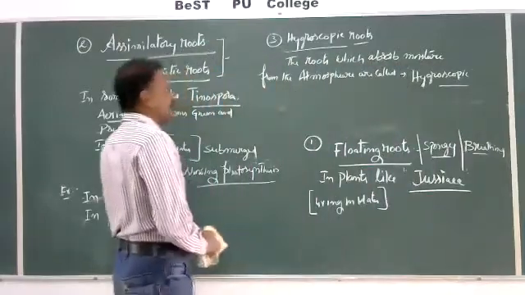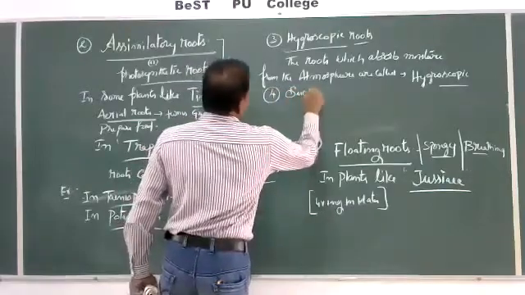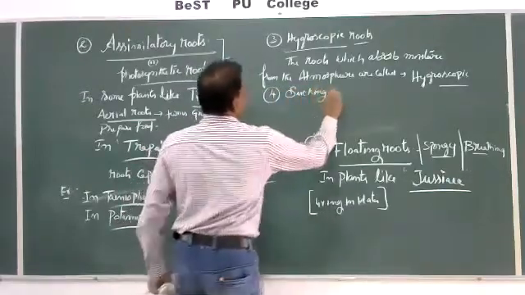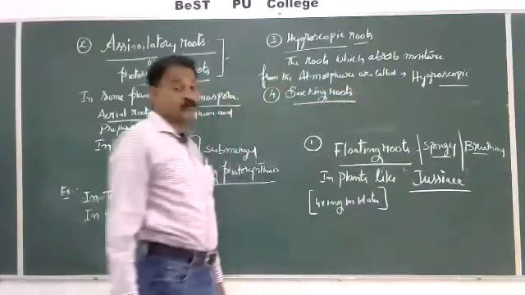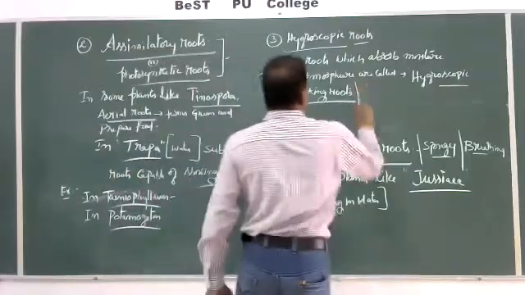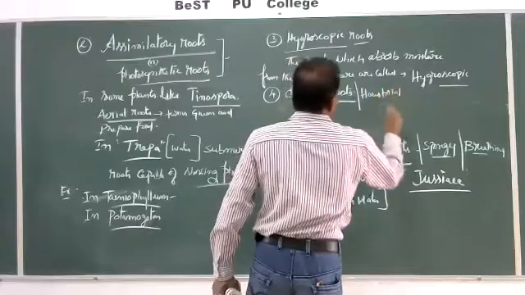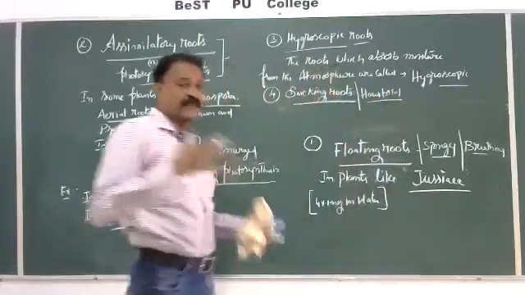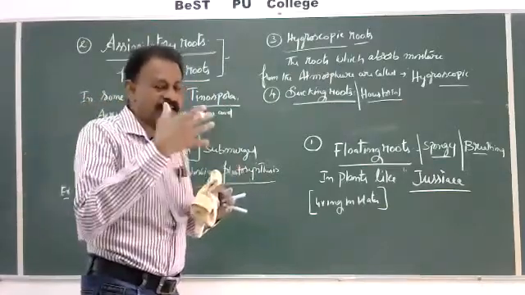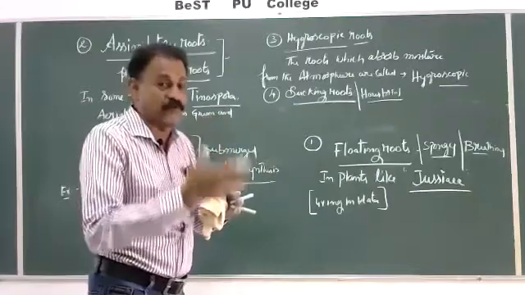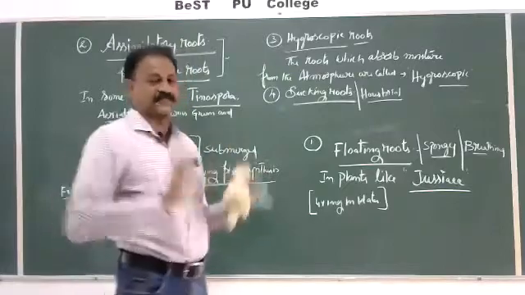And we have seen sucking roots in the previous class. Sucking roots, which are called haustorial roots, parasitic roots. Haustoria means the specialized roots which enter into the host plant body, either into the xylem or into the phloem or in both xylem and phloem. Maybe they are complete parasites or incomplete parasites.